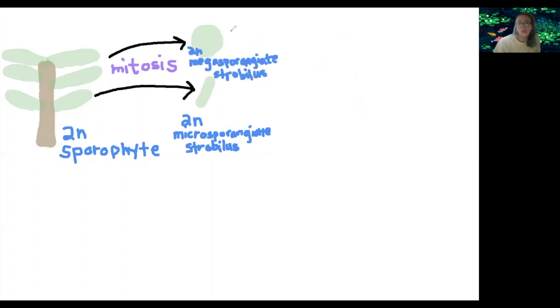So starting with the megasporangiate strobilus, this is going to produce an ovule. Remember that an ovule is an integumented indehiscent megasporangium. So what will we have? Here's our integument. That's our diploid sporophyte tissue. And on that, we will get megasporangium here.